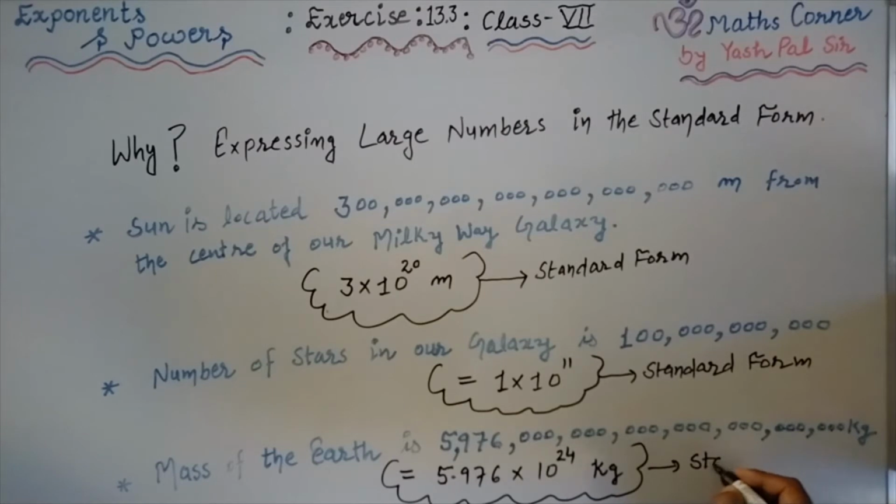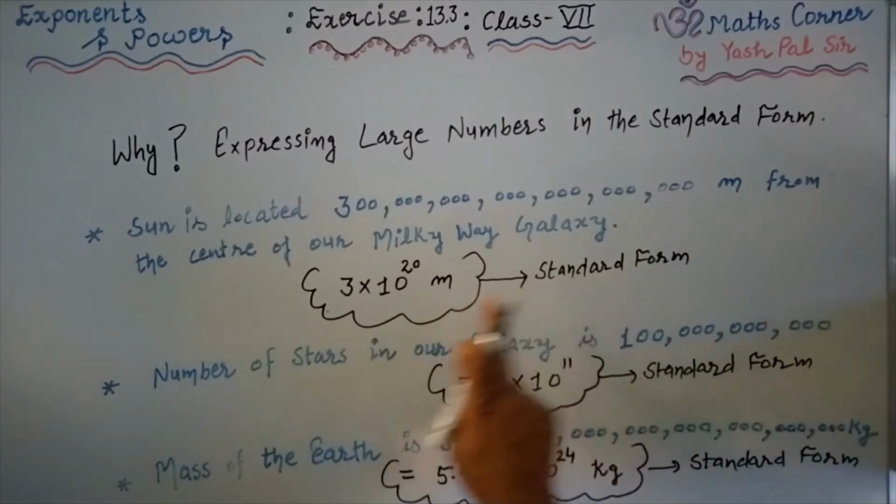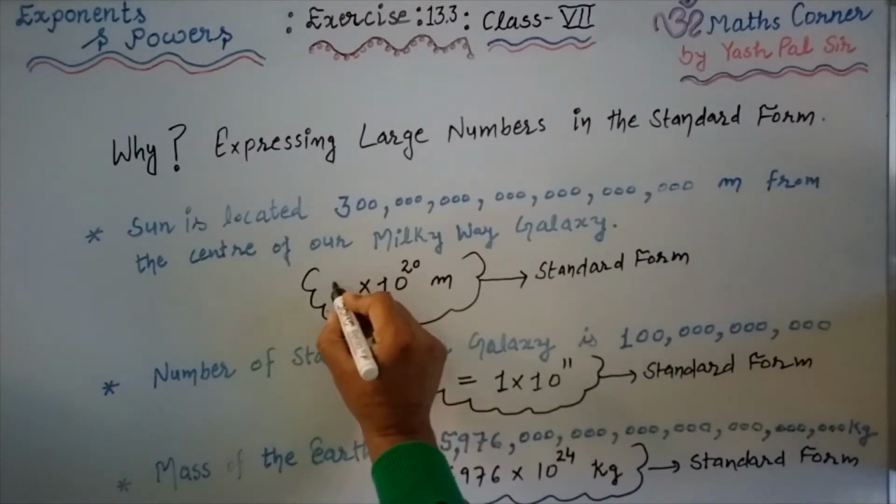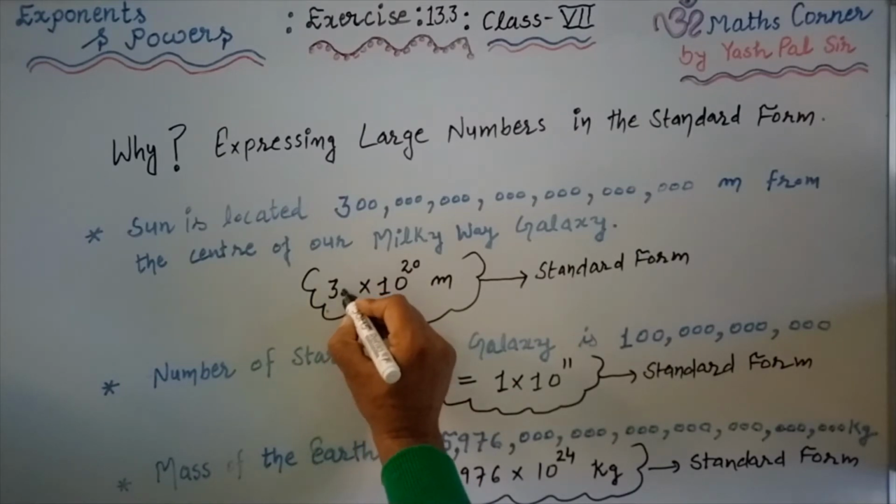This form is called standard form. Okay, the question is a large number which is reduced to standard form. One more thing we can do here, while writing in standard form, 3 alone we can write as 3.0.